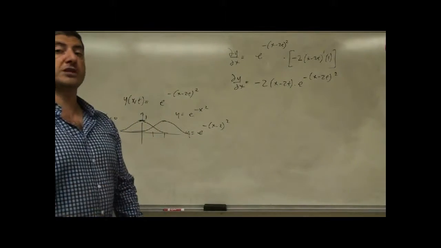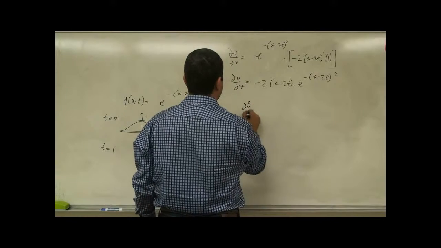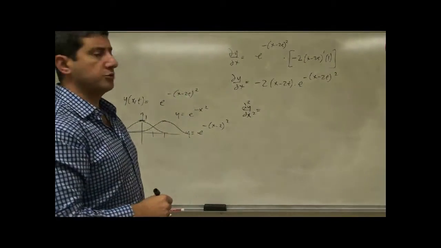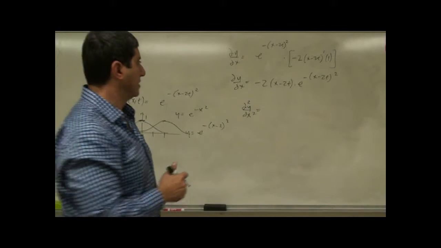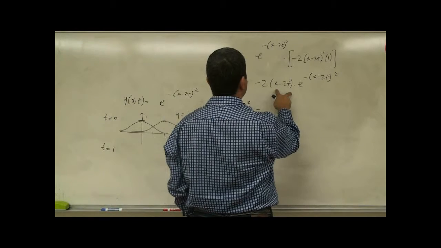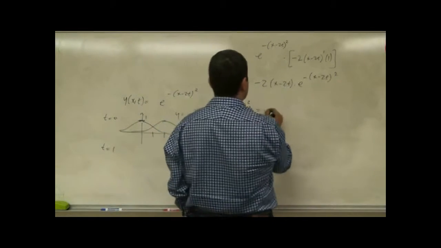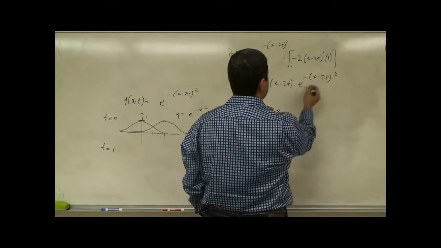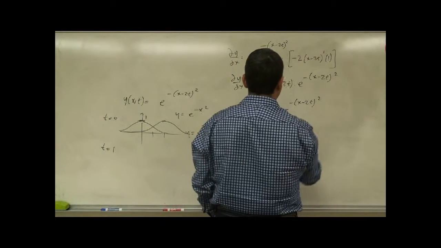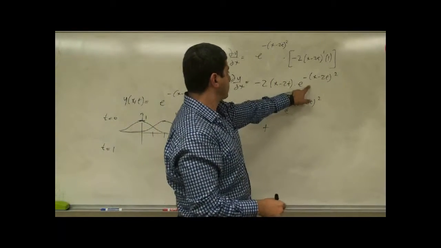Right? Now we need to take the derivative again with respect to x. Partial squared y, partial x squared. So we can do the product rule, right? The derivative of this with respect to x, what would that be? Well, t we're keeping as a constant, and it'll just be negative 2x times this one, e to the minus (x minus 2t) squared, plus this times the derivative of that, right?